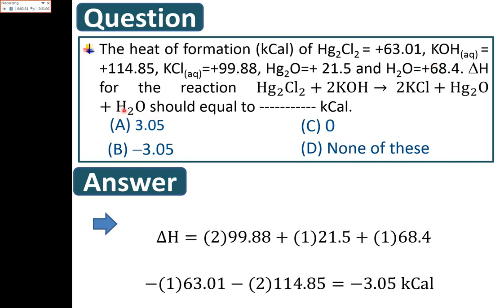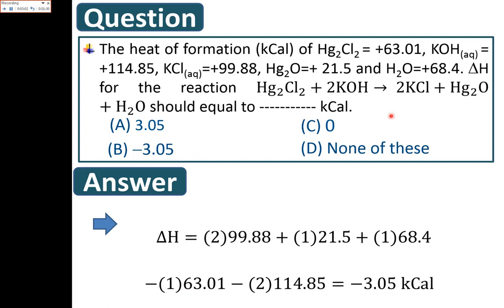Okay, so this is the equation: Hg2Cl2 plus 2KOH will give 2KCl plus Hg2O plus H2O. So now we put the delta H formation for the products, and this is for water here, which is 68.4. And now we start to put the heat of formation for the reactants here.